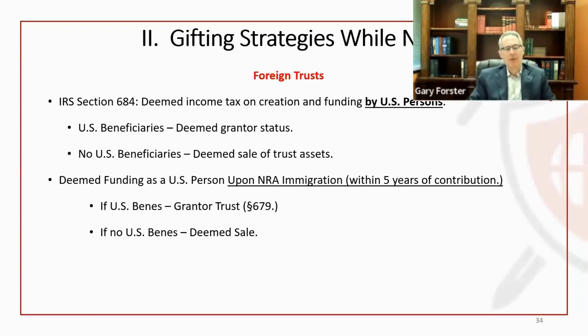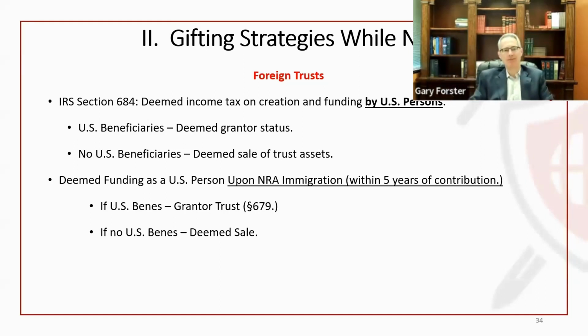So what I wanted to get to was this piece here, which is somewhat complicated. The reason I went through this idea: if you're a U.S. person and you move assets into a foreign trust, it's ignored until you die if you have a U.S. beneficiary. And then if you die, there's no tax if the assets are in your estate.